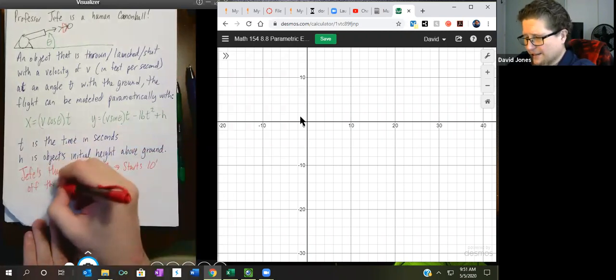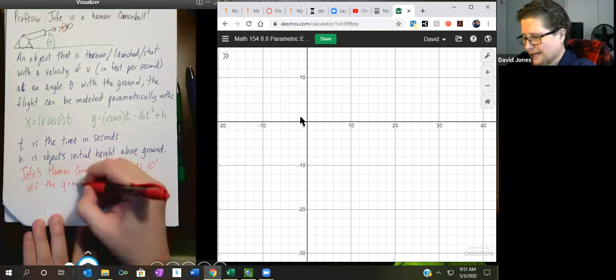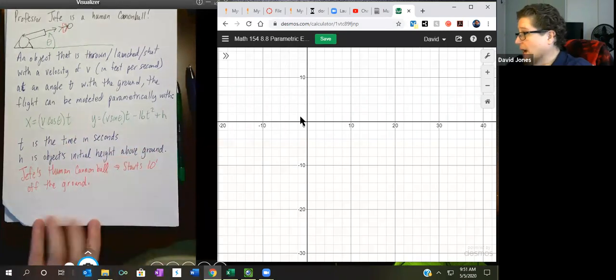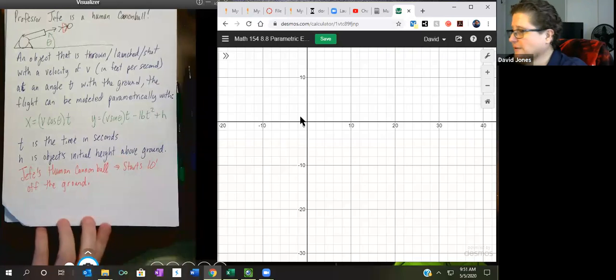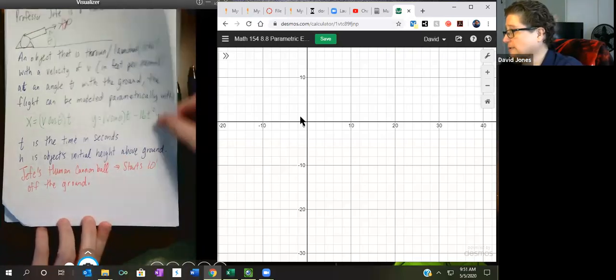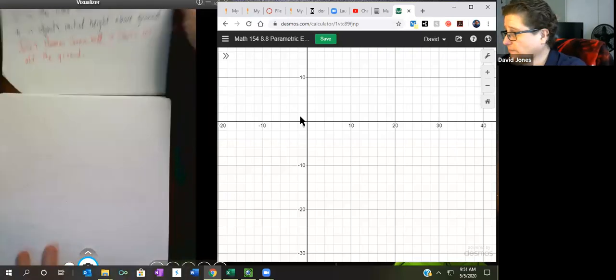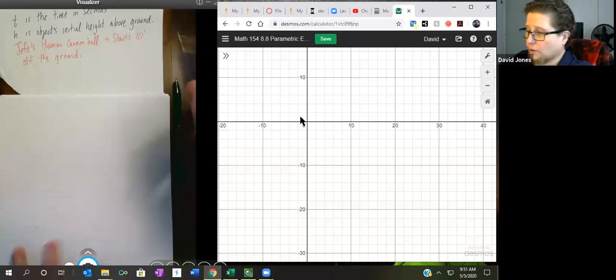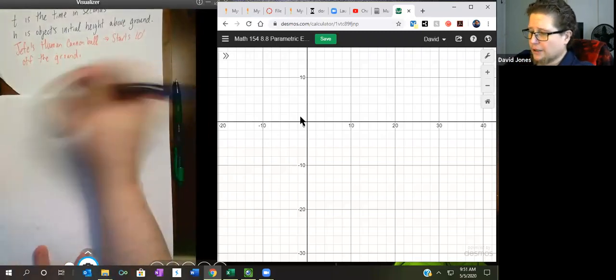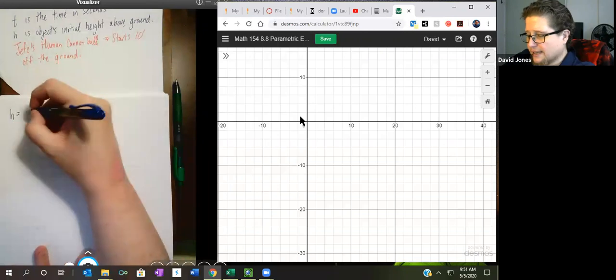I'm in the cannon. I'm not like at ground level. The cannon isn't submerged. Let's look at 3 different angles. Okay, so that's my cannonball. So my H is 10 feet.